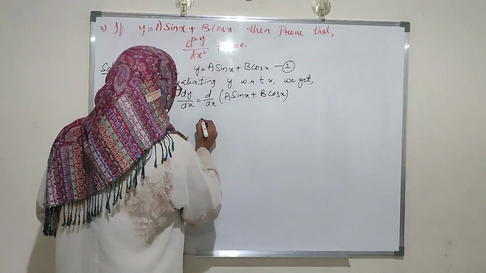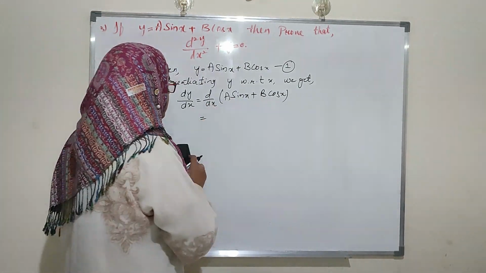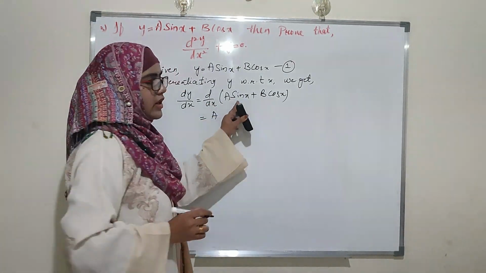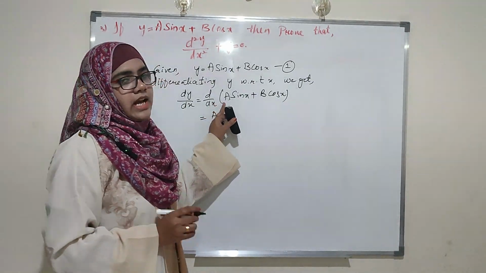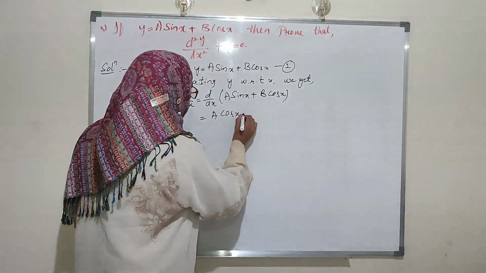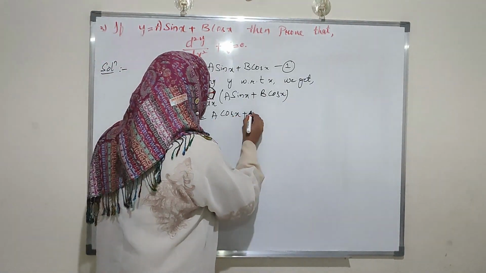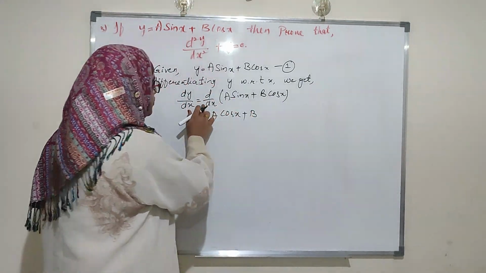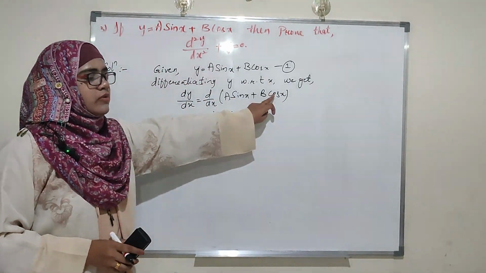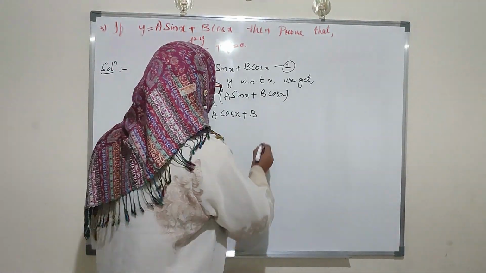Now differentiating sin of x with respect to x, a is constant. Sin x differentiation is cos x, plus b is constant, keep it as it is. Differentiation of cos x with respect to x is minus sin of x.